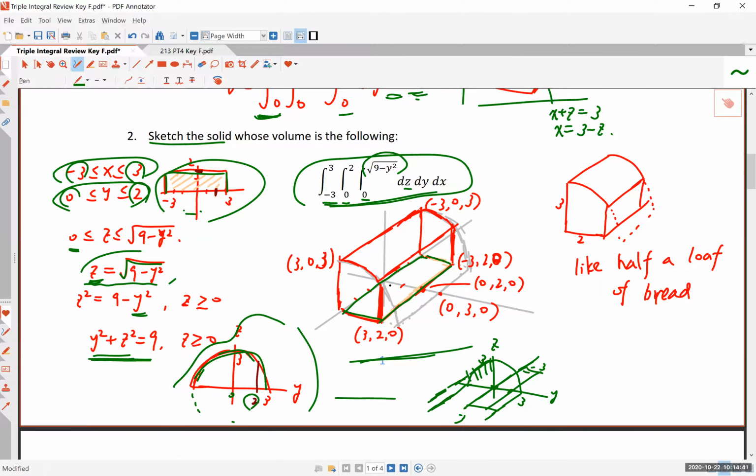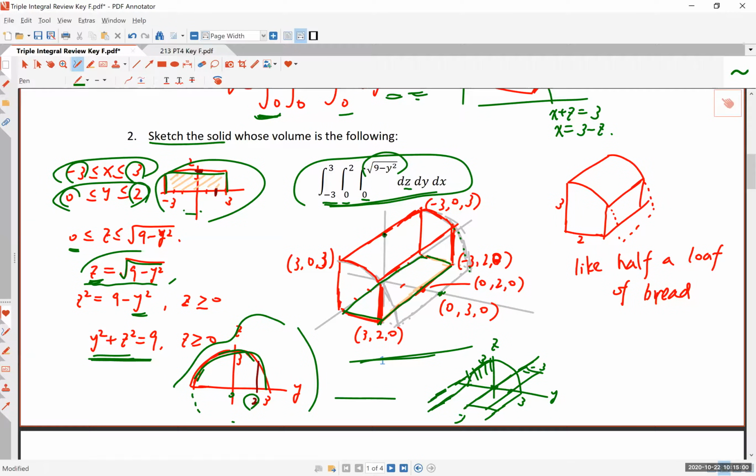And the reason this looks like half of a piece of bread or half of a warehouse or something is because it stops when y hits 2. See, normally you would expect this to go all the way down where y is equal to 3. This would be the point where this quarter circle lands.